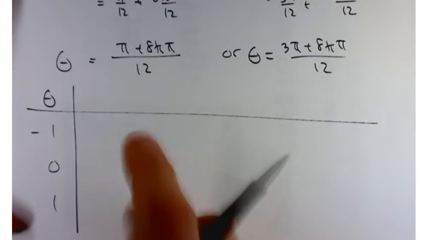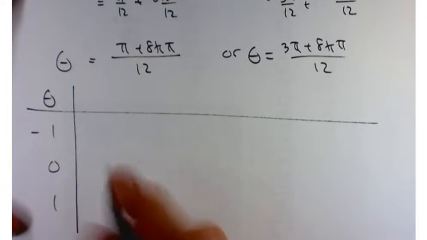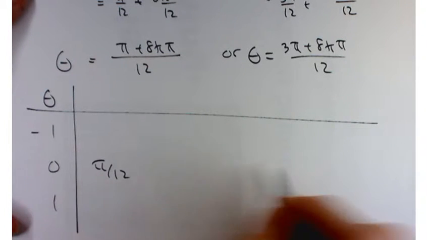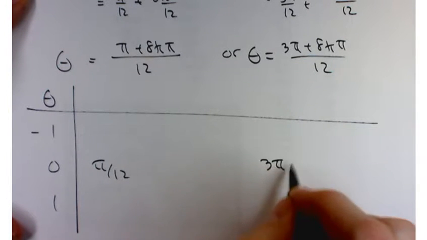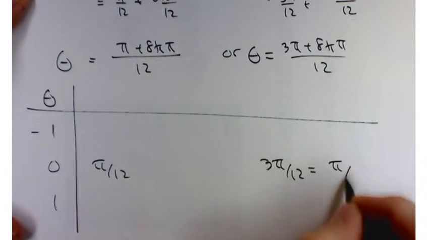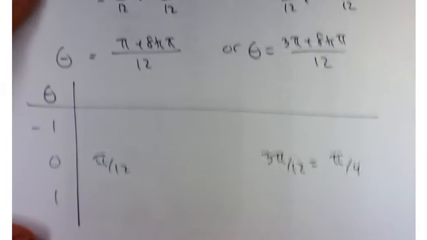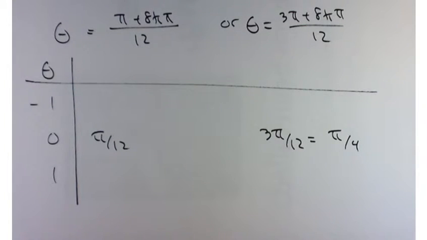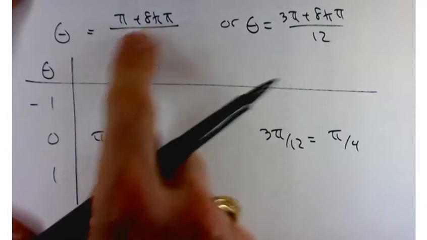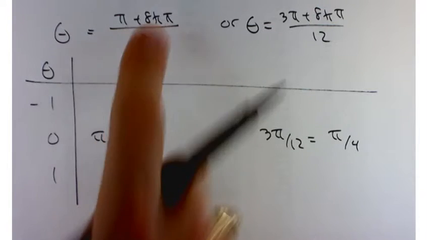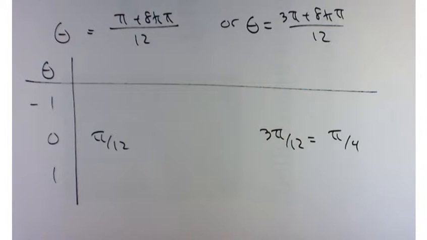We'll start by substituting in 0. That gives me pi over 12 and 3 pi over 12, which reduces to pi over 4. If I substitute in -1, what would I get in the numerator there? How many pi's would I have?